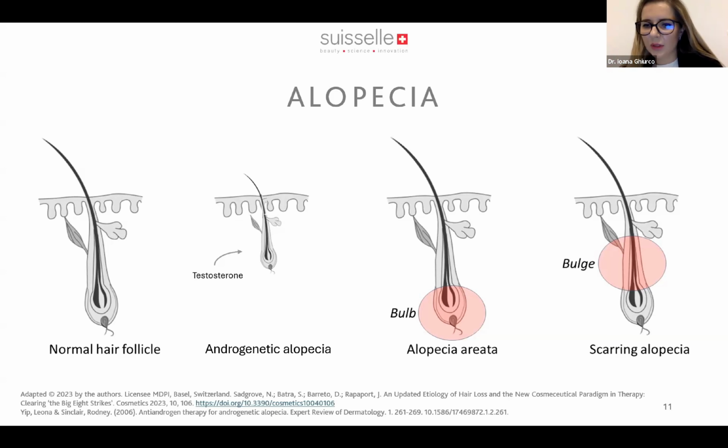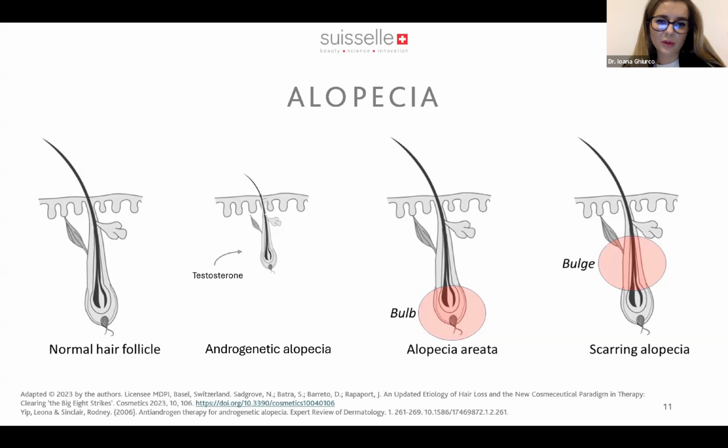In women, of course, the hair loss pattern will be slightly different than in men. This involves the miniaturization of the hair follicles that will lead to shorter, finer hair until the follicles eventually stop producing hair.